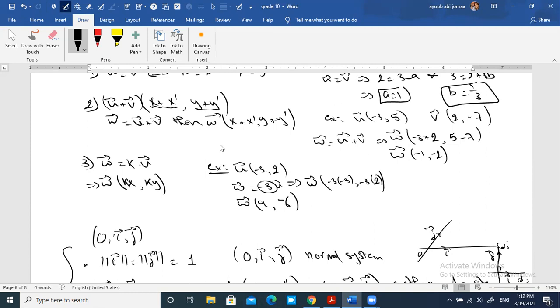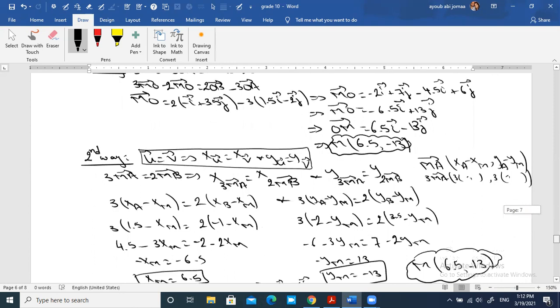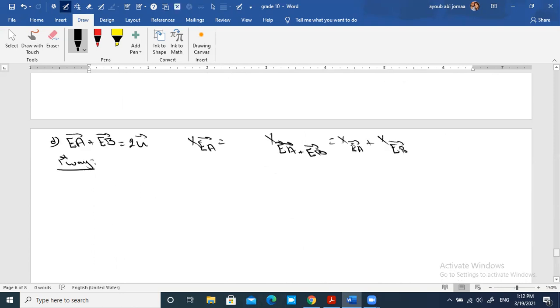That is, x of the sum is x of the first plus x of the second. Similarly for y. So x of EA plus EB is x of EA plus x of EB. Here I can write x of EA plus x of EB is equal to, what about the x value here?